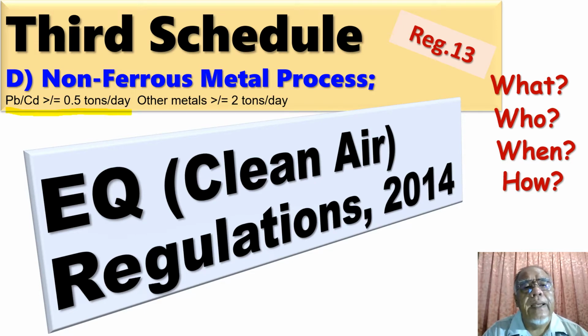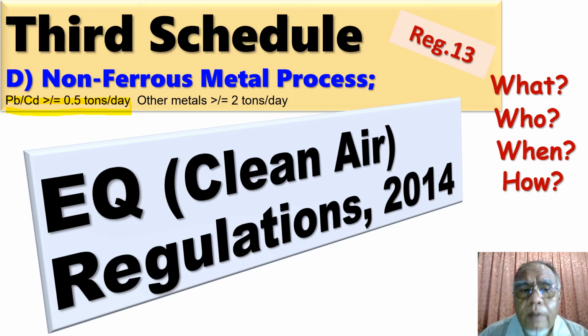If it is lead and cadmium, and the manufacturing capacity is producing 0.5 tons a day or more, then they are categorized as non-ferrous metal process listed under the first schedule as Part D, right?